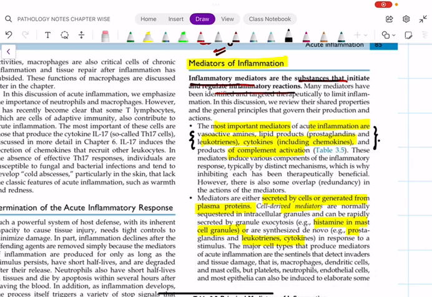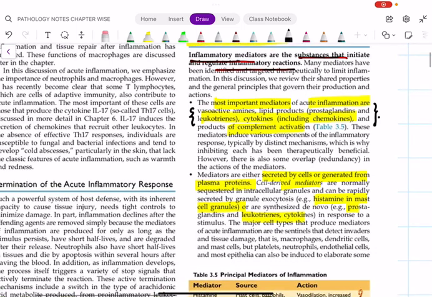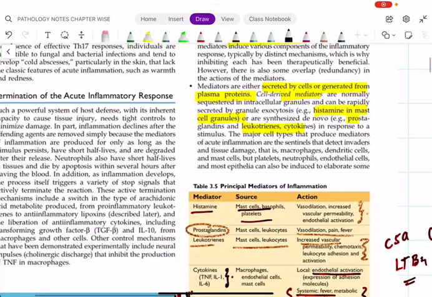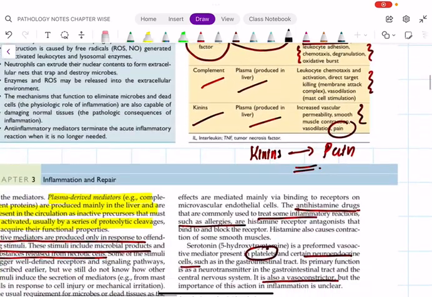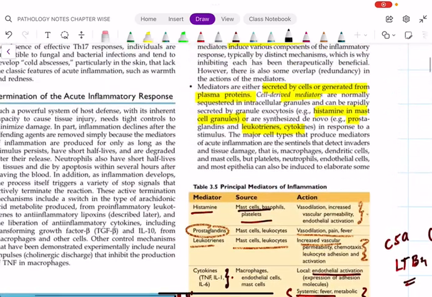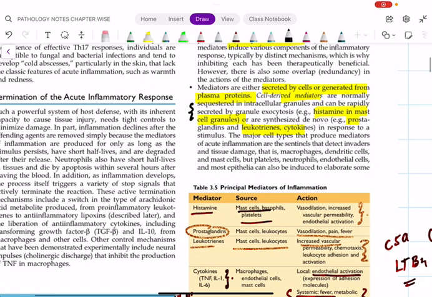The rest you can study in detail from microbiology. The mediators are generated either from plasma proteins, sometimes also called self-derived proteins, usually produced from the liver, and cell-derived mediators, which are normally sequestered in intracellular granules.